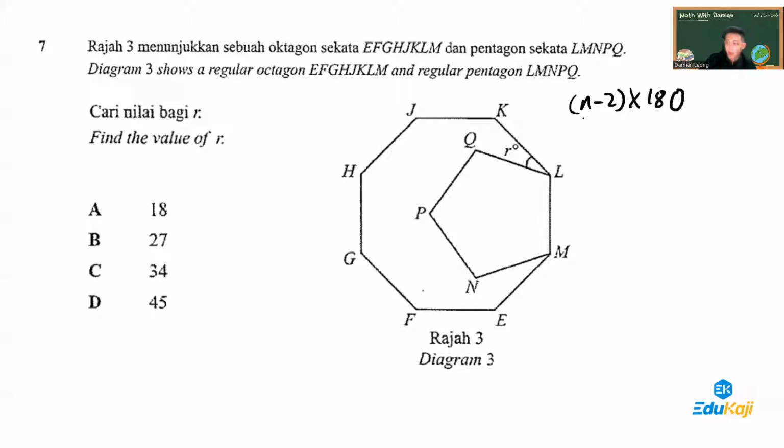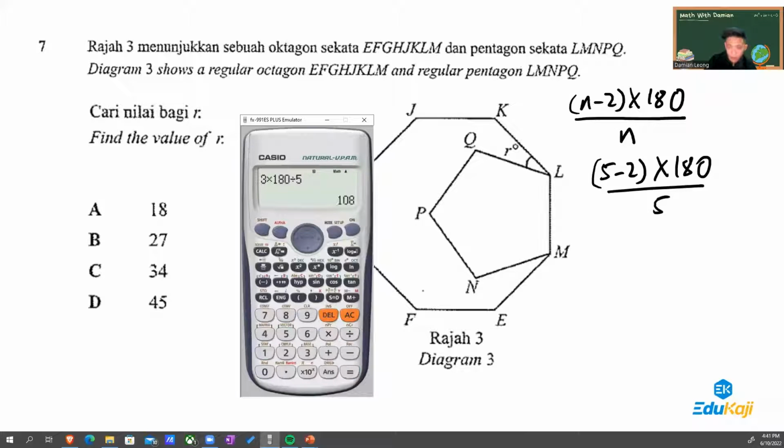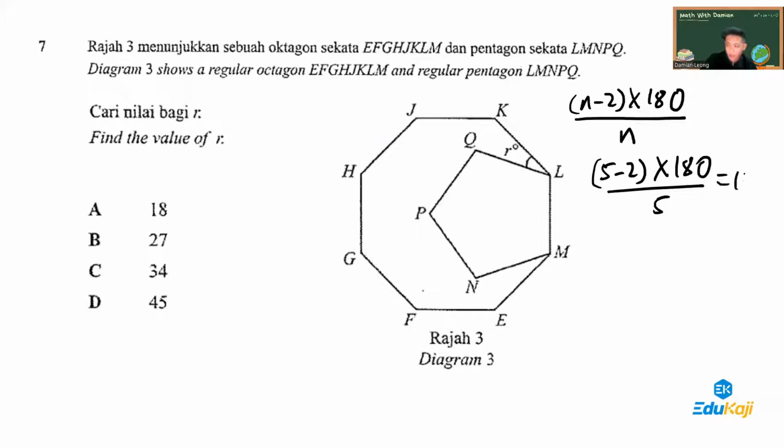For a regular polygon, if I divide by n, I will get each interior angle, because all the interior angles are the same. So for the pentagon, 5 sides, 5 minus 2 times 180 divided by 5 means 3 times 180 divided by 5, which is 108. So here would be 108 degrees.